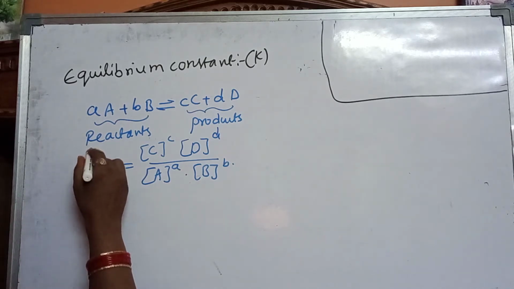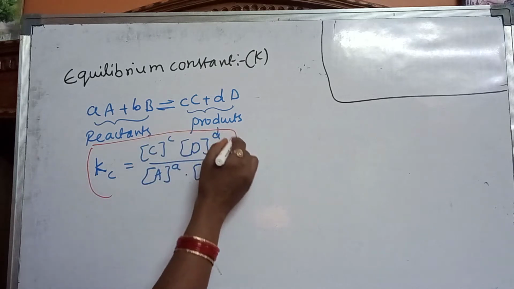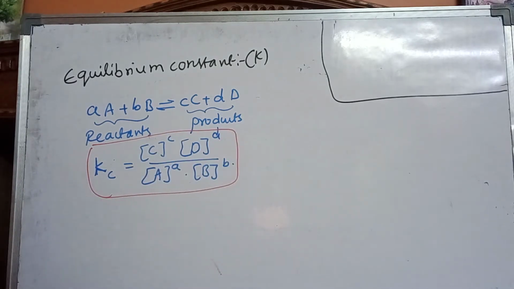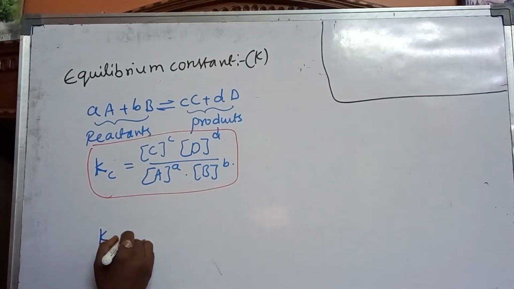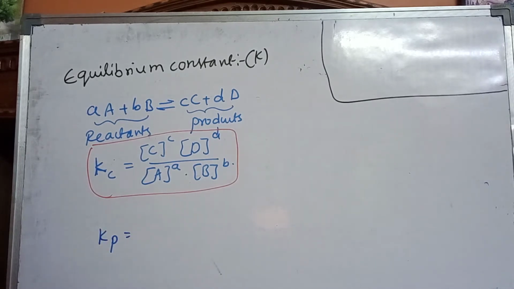We have two types of equilibrium constants. For gaseous reactions, we can write the equilibrium constant with respect to partial pressures.